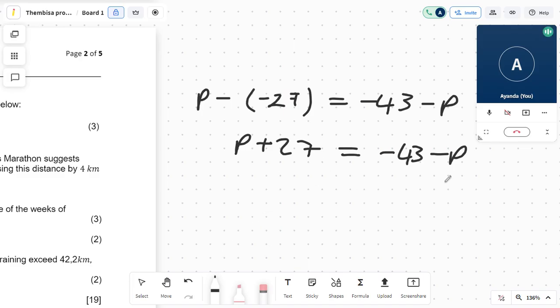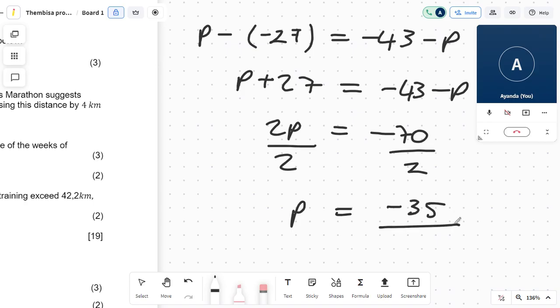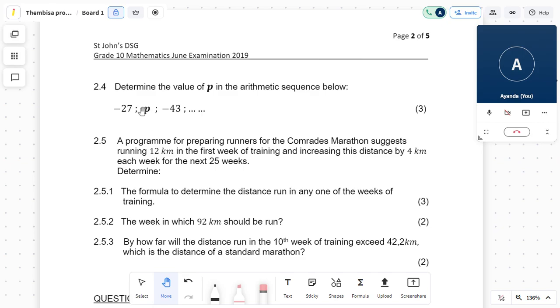If we take the 27 to the other side and bring the negative p to the left-hand side, we're left with 2p is equal to negative 70. If we divide both sides by 2, we find that p is equal to negative 35. And negative 35 is right in between negative 27 and negative 43, so we can be confident that our answer is right.